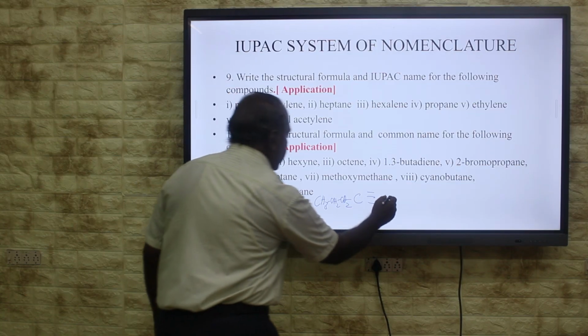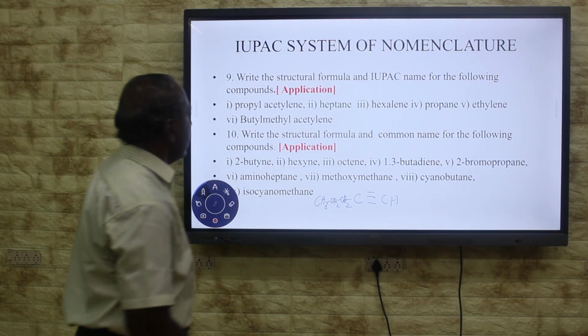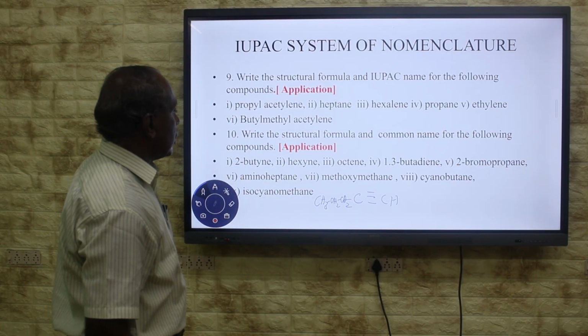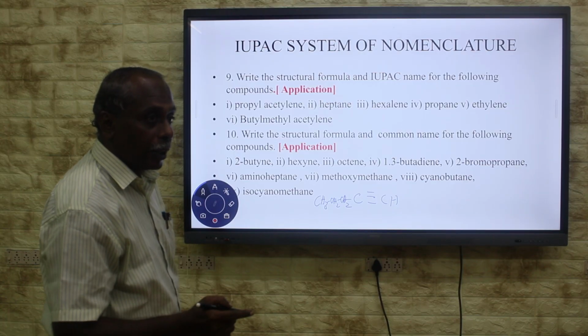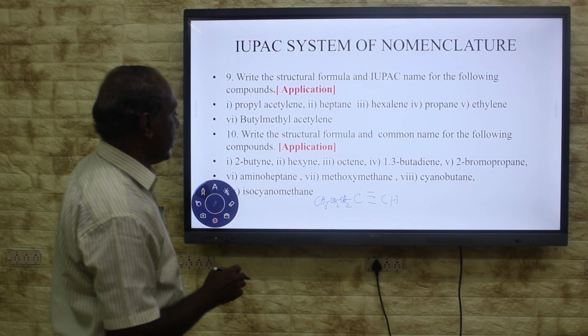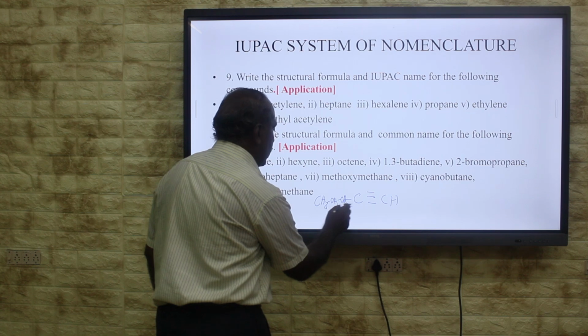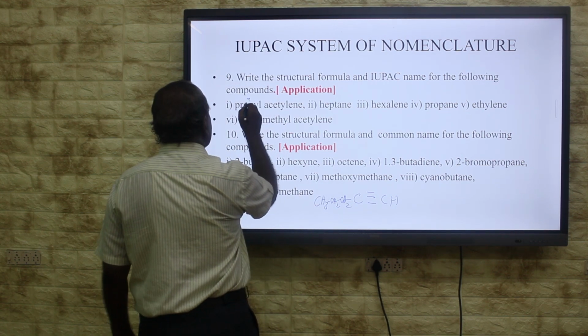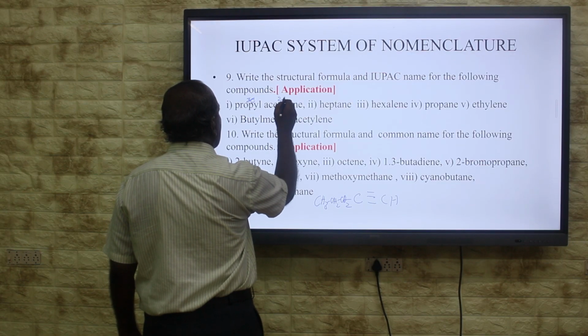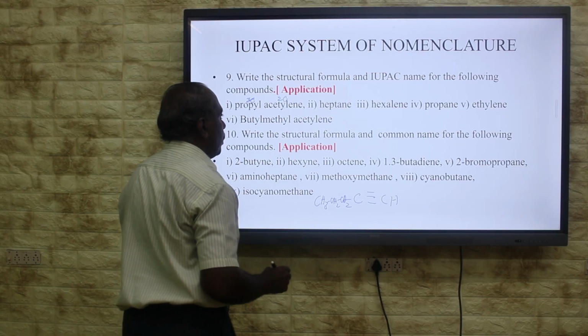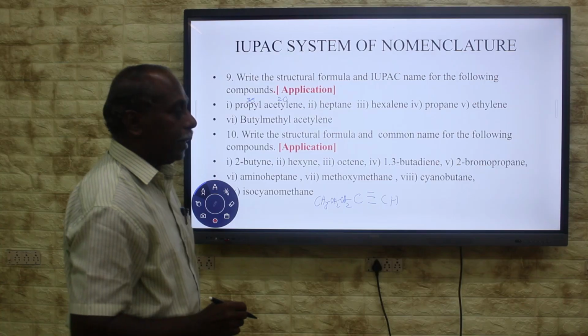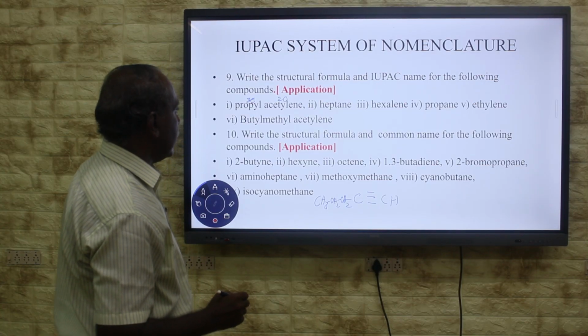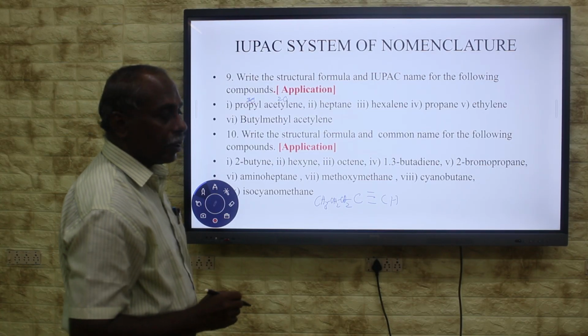Propyl acetylene, it's the structure of this compound. After writing the structure, you can give the IUPAC name. Here 3 carbon, here 2 carbon, 5 carbon. Pentyne is the IUPAC name of this compound.